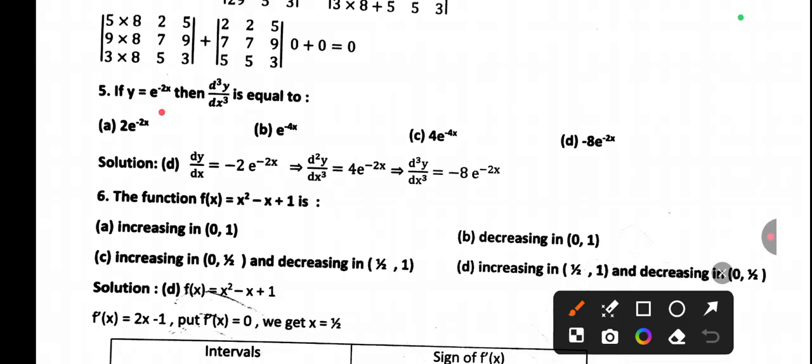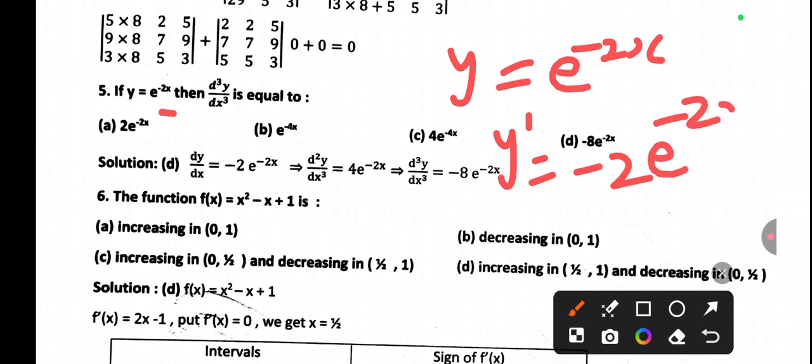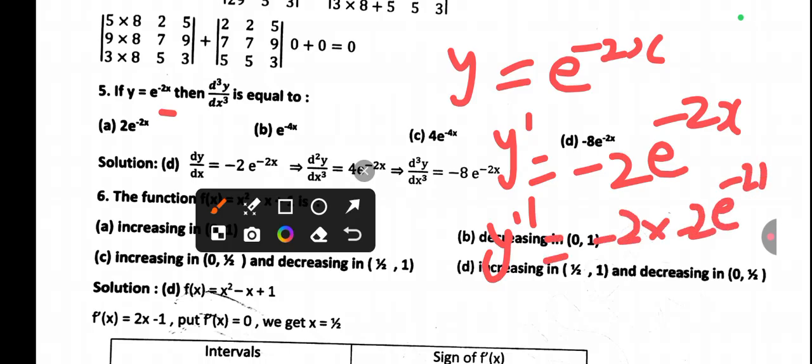You will get the answer. Now the fifth question: y is equal to e power minus 2x. Actually they are talking about the third order derivative, three times differentiation. First differentiation: minus 2 e power minus 2x. Next differentiation: y double dash is minus 2 into minus 2 e power minus 2x, so minus 2 into minus 2 is 4, 4 e power minus 2x.